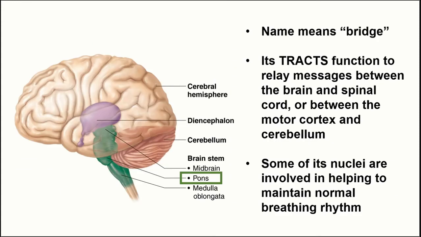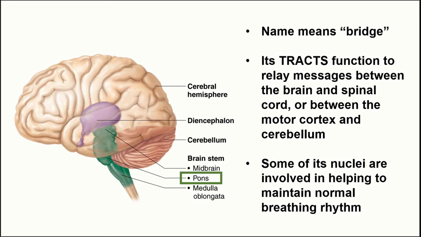Let's move on to the pons. The pons, as we've described before, is a wedge-shaped region found between the midbrain, which is above it, and the medulla oblongata, which is below it. The name pons literally translates to bridge.